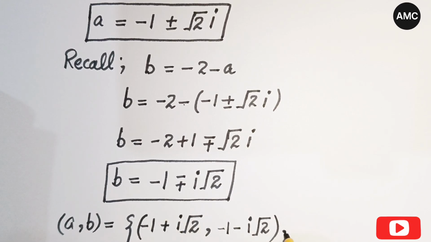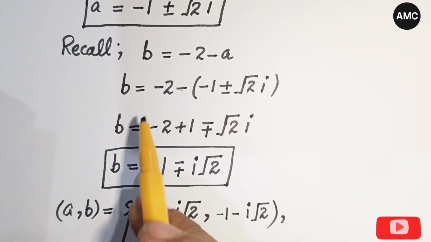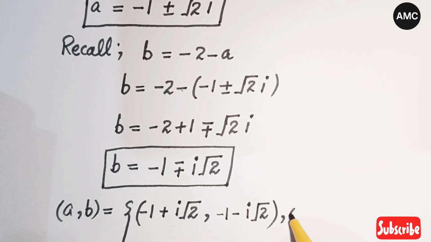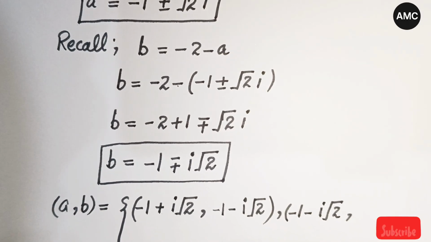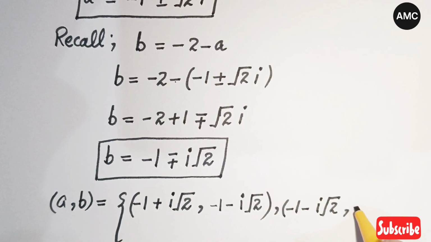Similarly, our second pair is, here we have minus 1 minus i times square root of 2, and our value of b is here minus 1 plus i times square root of 2.